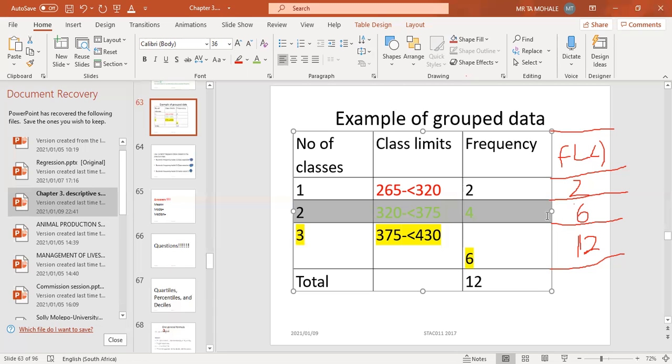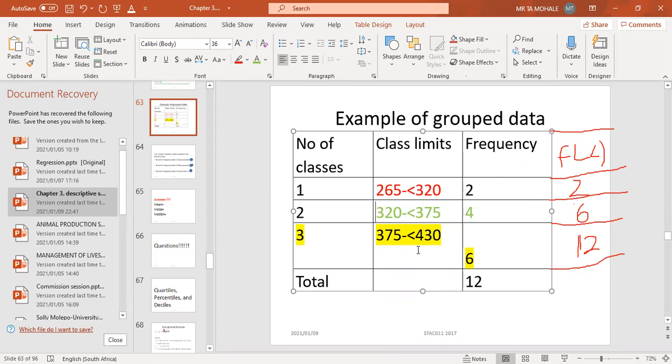Over the frequency, not the cumulative frequency, the frequency of the Q1 interval, which is 4. This is the frequency here. And then you will get your answer. Your answer should be between 320 and 375. If not, it's wrong. And what I know is that it's going to be very close to 320, not very close to 375.